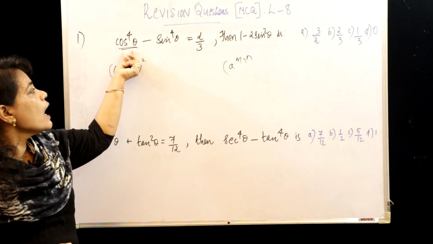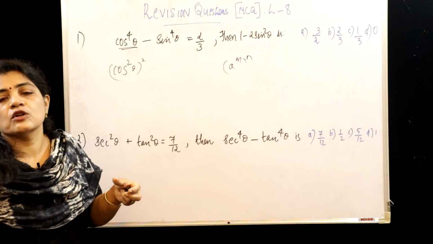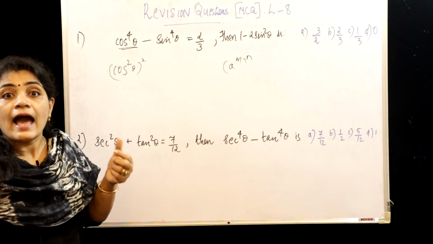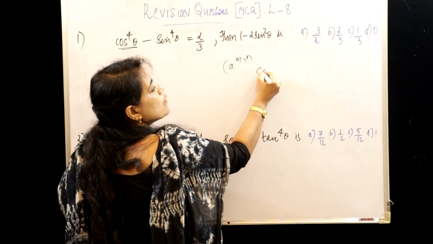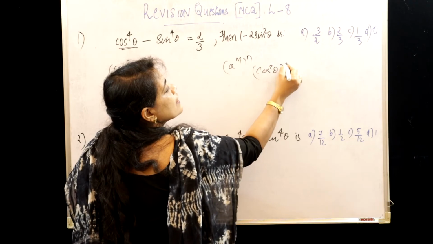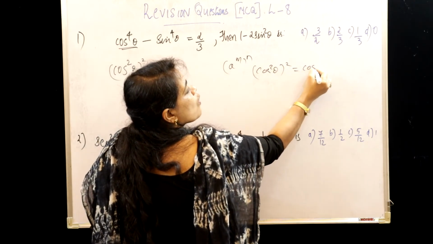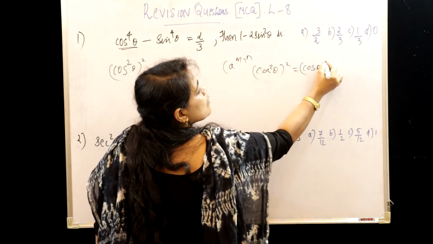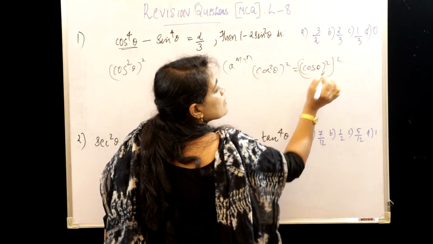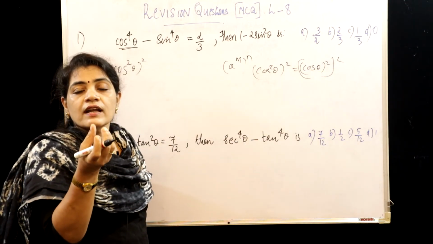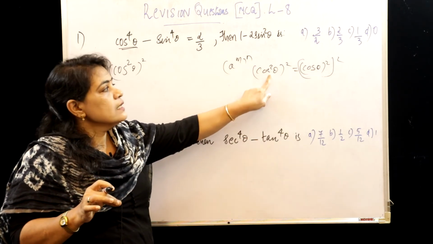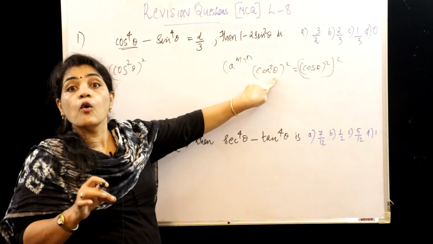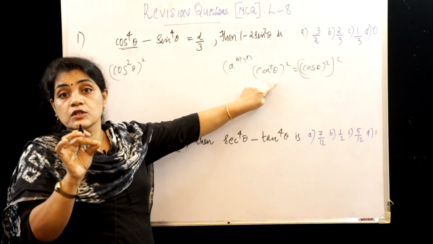So we have an equivalent expression, cos square theta whole square. Children, this is equal to cos theta square whole square. Understood? That square we are taking only for cos. So we can take cos square theta whole square for cos raised to 4 theta.